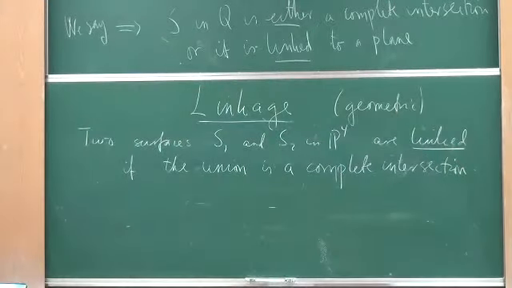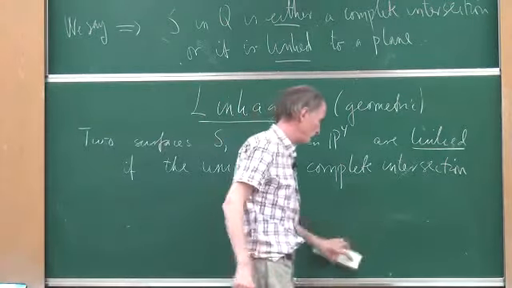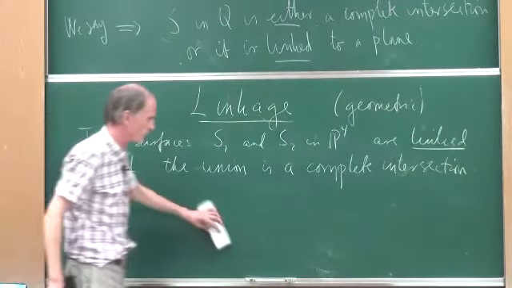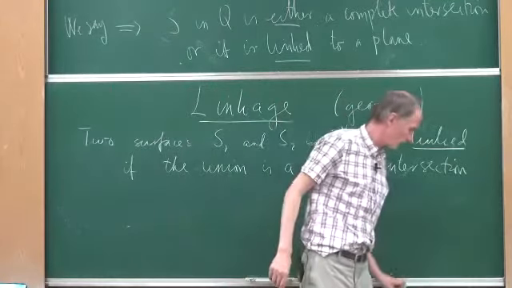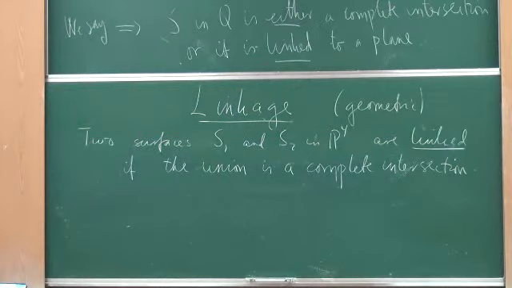So algebraically one has to be more precise, but this is the version that I'm going to use, although I'm going to use some general formulas for linkage that hold in great generality.